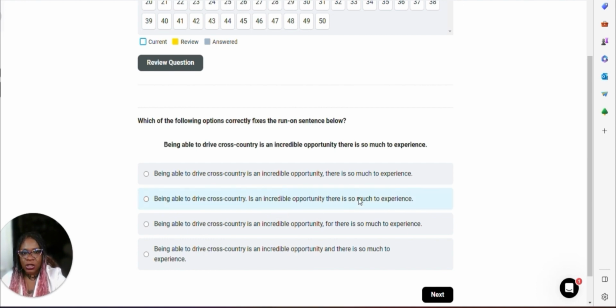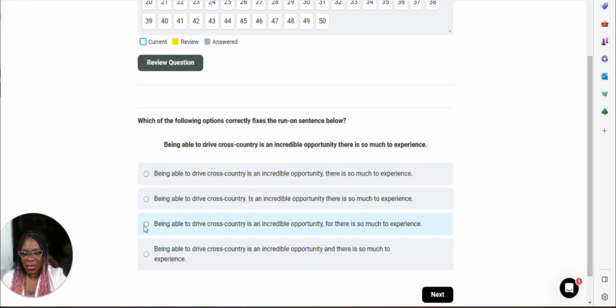There is so much to experience, period. Being able to drive cross-country is an incredible opportunity, for there is so much to experience. And being able to drive cross-country is an incredible opportunity, and there is so much to experience. Well, I'll give you a minute to think about that.